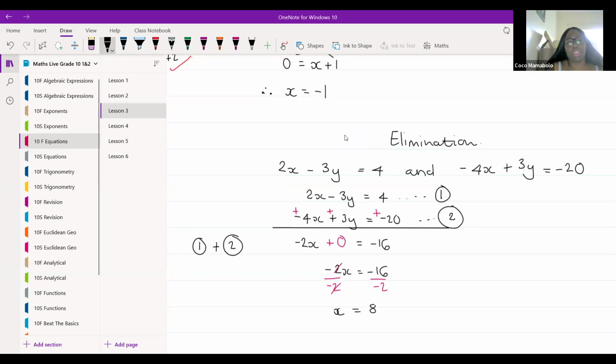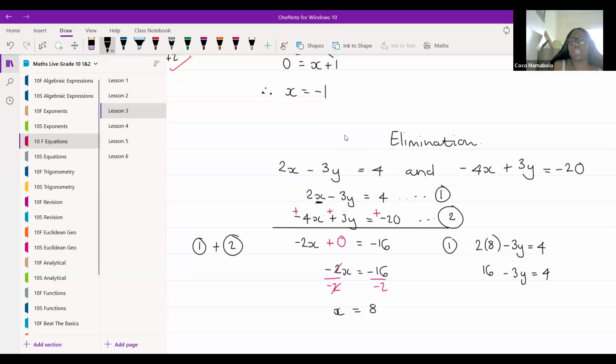I'm going to sub back into equation 1. Equation 1 will give me 2x minus 3y is equal to 4, and I know what x is. x is 8. So I'm going to replace that x with 8. 2 times 8 minus 3y is equal to 4. I know 2 times 8 is 16. Minus 3y is equal to 4.